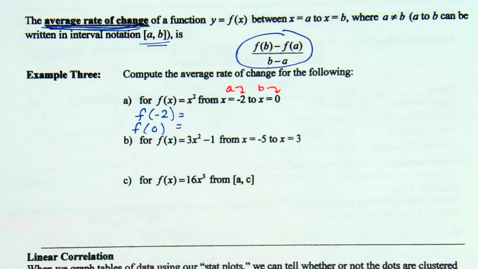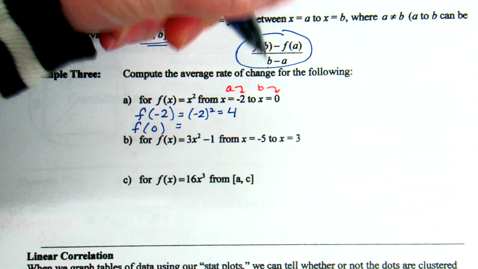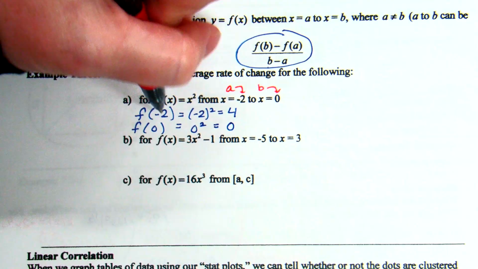The equation is x squared, so that means I'm really doing negative 2 squared, which is 4. And then when you do f of 0, that means you're doing 0 squared, which is 0. So we just found f of negative 2 to be 4, and f of 0 to be 0, correct? Okay.